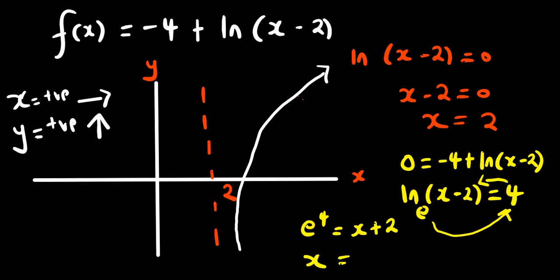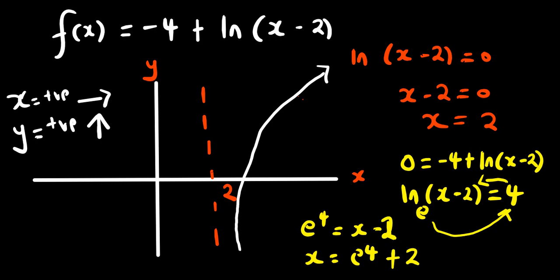So x is equal to e to the power 4, and when the 2 comes to the other side, it becomes positive. So we have e to the power 4 plus 2.